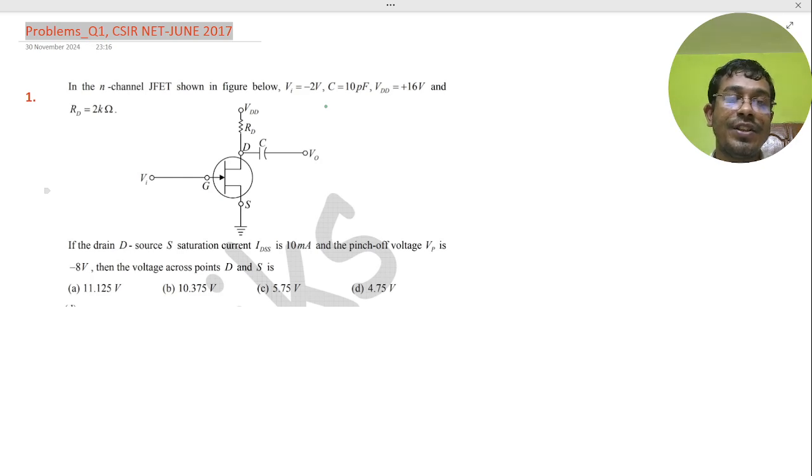If the drain source saturation current IDSS is 10 milliampere and the pinch off voltage VP is minus 8 volt, then the voltage across the points D and S would become.